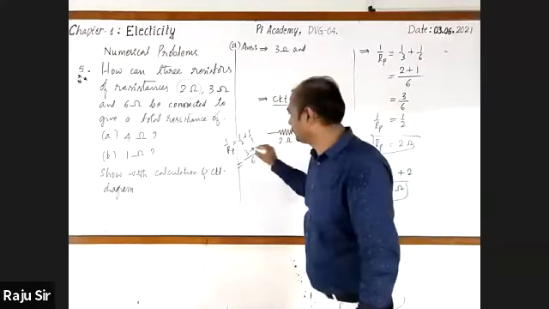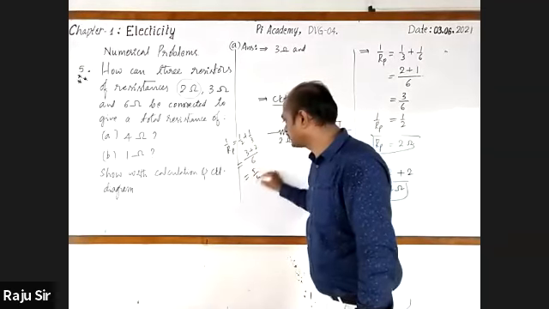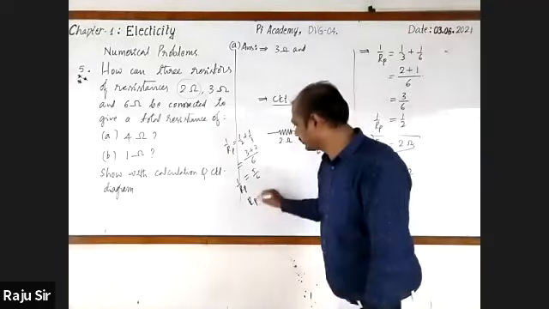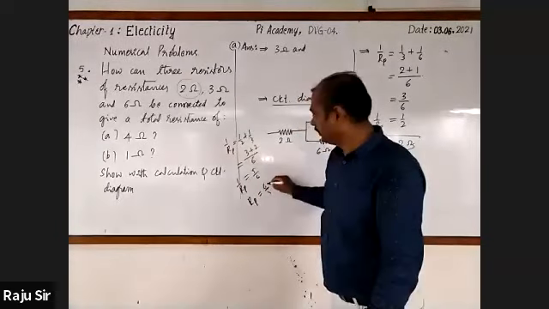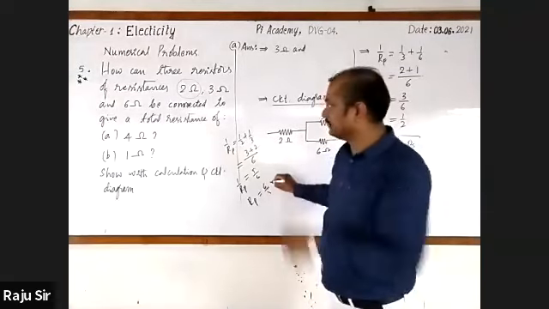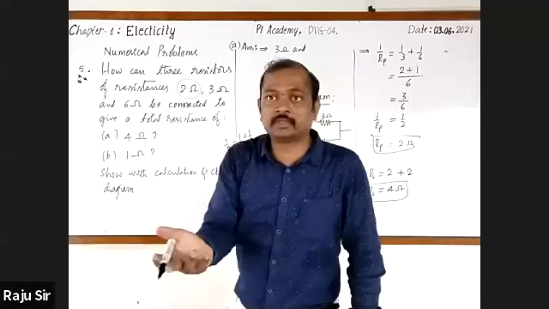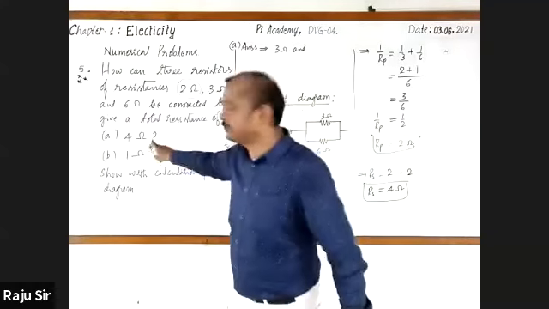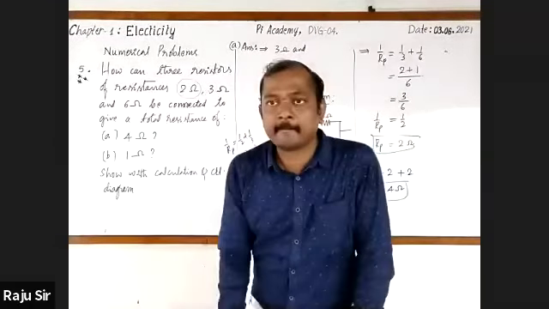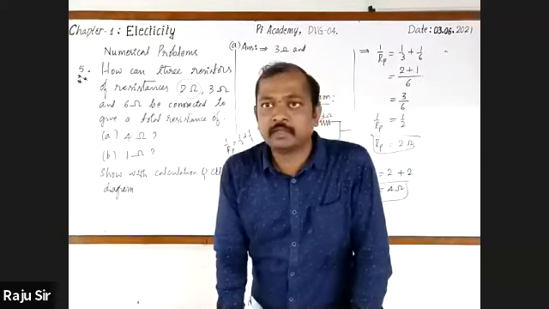It will be 3 plus 2, it is 5 by 6. 1 by Rp is equal to 5 by 6. Rp is equal to 6 by 5. You will get some decimal digits. Then this is 6 ohm, 6 plus 1, 7 ohm. But we need only 4 ohm. Clear? Understood?